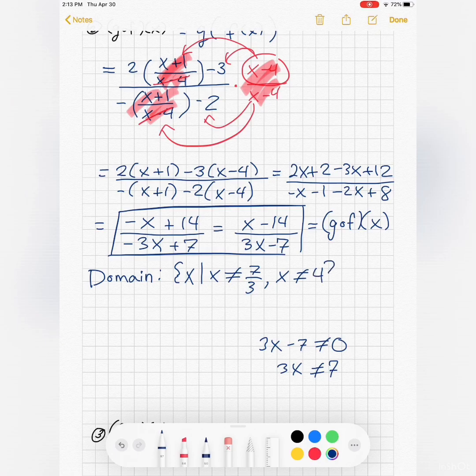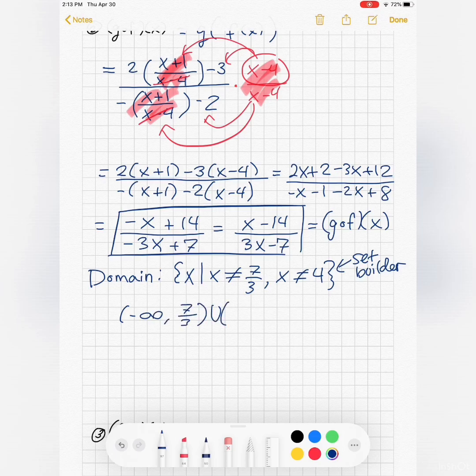So I have to exclude both of those values. That's my set builder notation. My interval notation would be negative infinity to 7/3, union 7/3 to 4, union 4 to infinity.